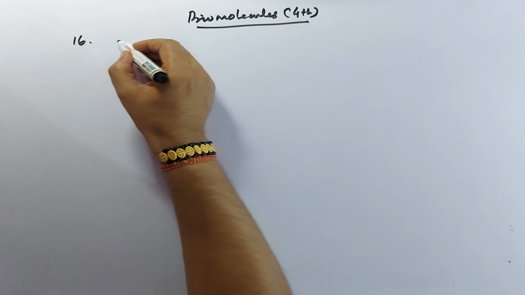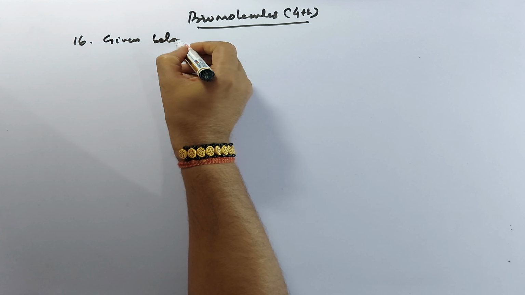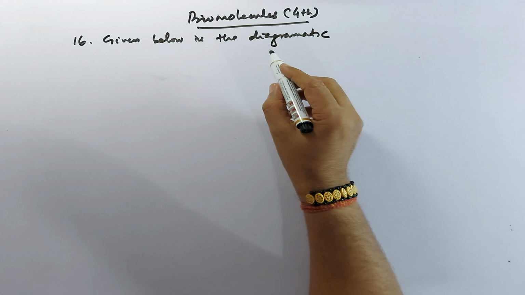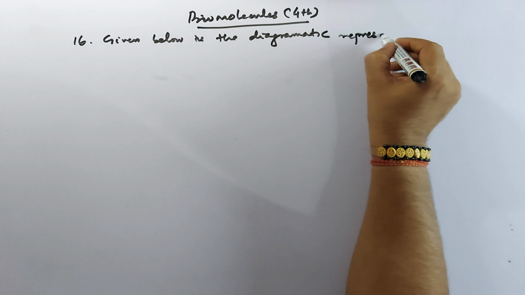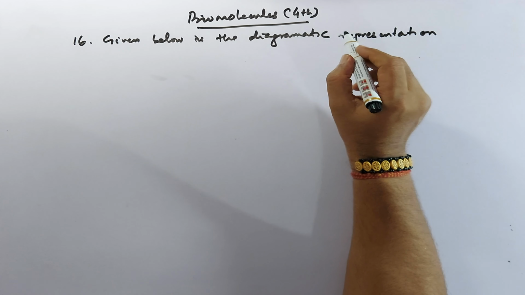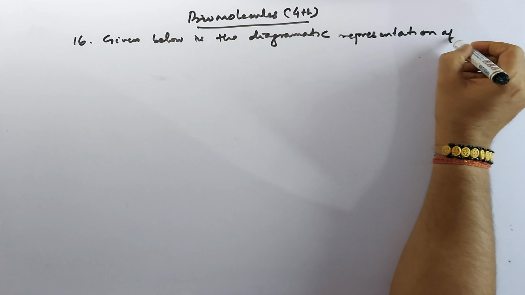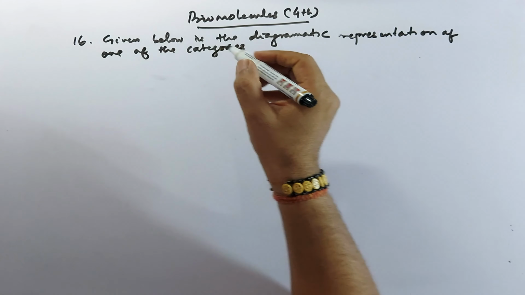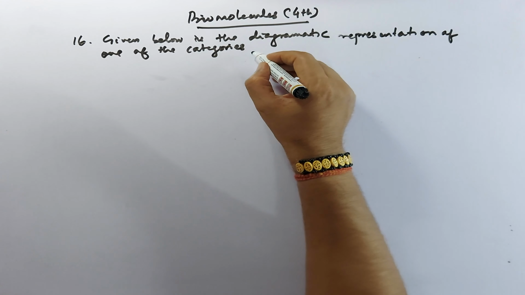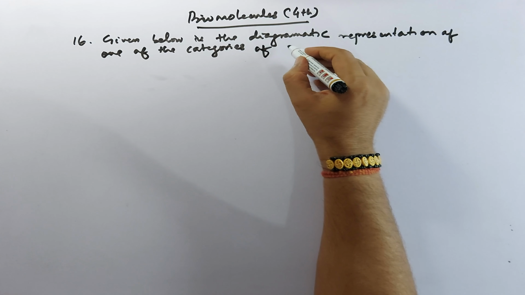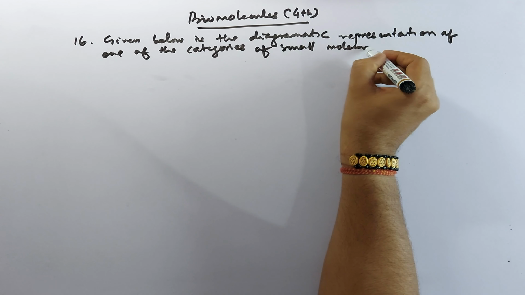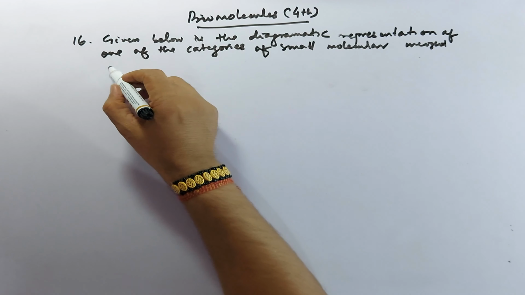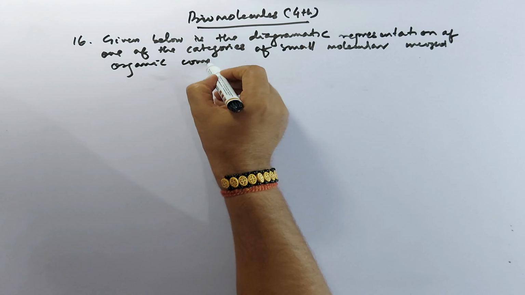Given below is the diagrammatic representation of one of the categories of small molecular weight organic compounds in the living tissues.